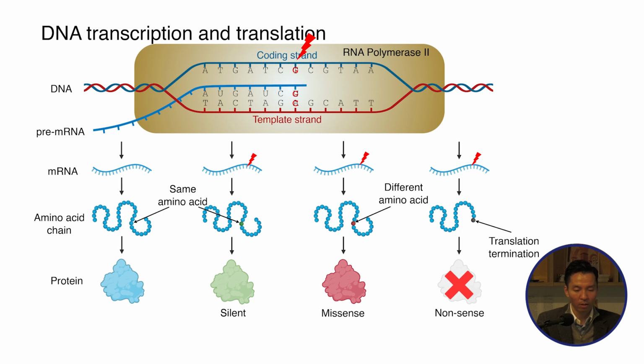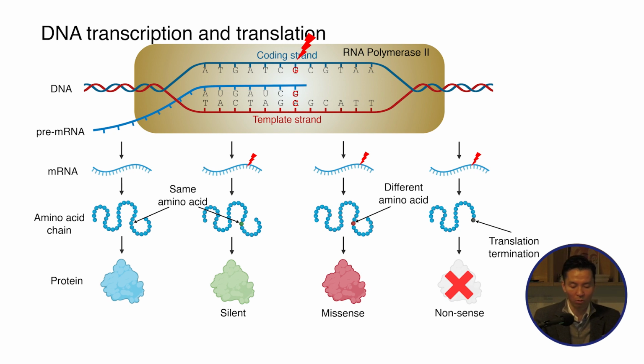This process is the so-called central dogma of biology. Here, some mutations may alter this process to create some genetic diversity between us. Some mutations do nothing because the base substitution at the messenger RNA level doesn't change the amino acids, so there's no protein difference.